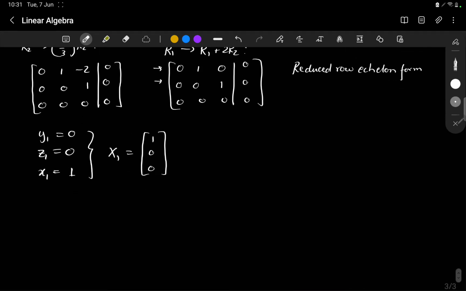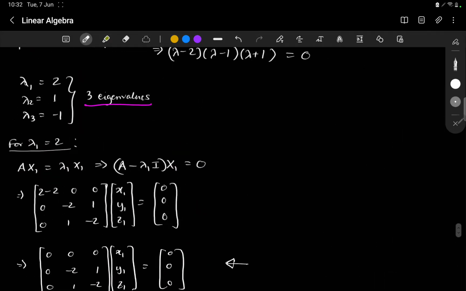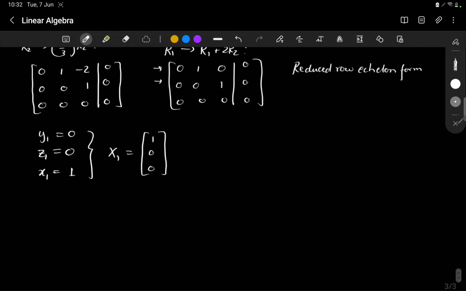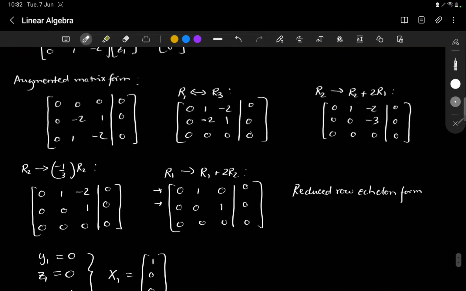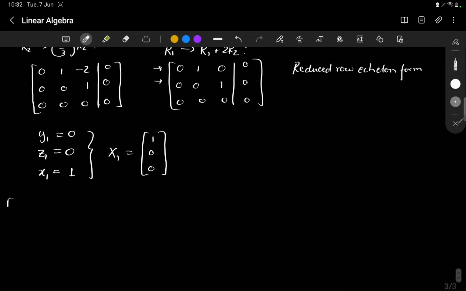Now similarly we will proceed for the other eigenvalues. So the other eigenvalues were 1 and -1.